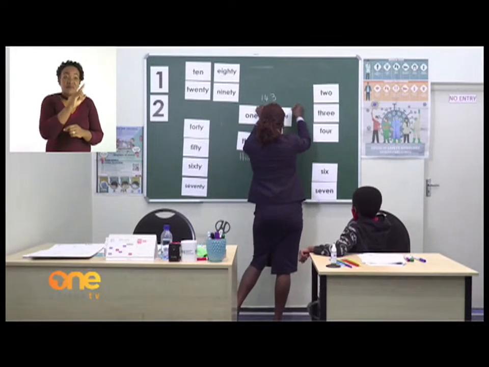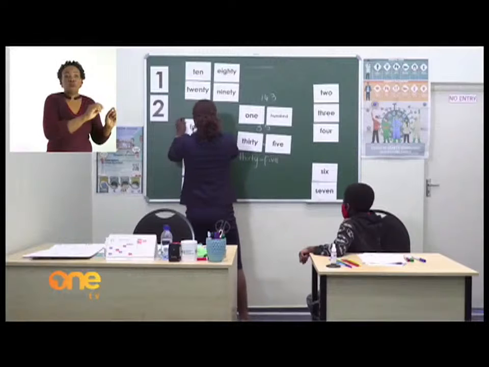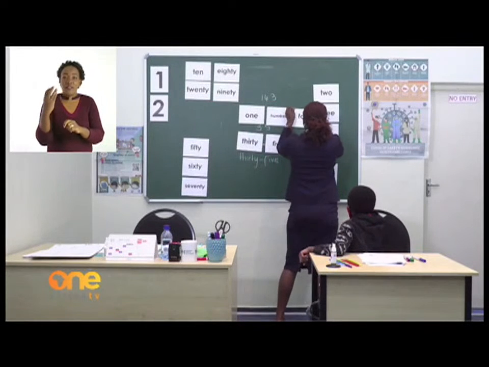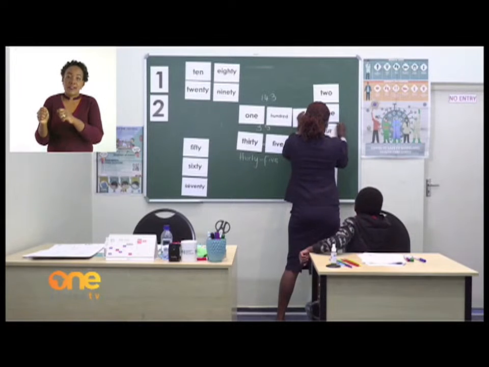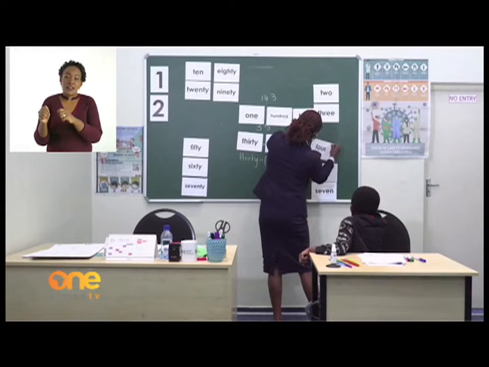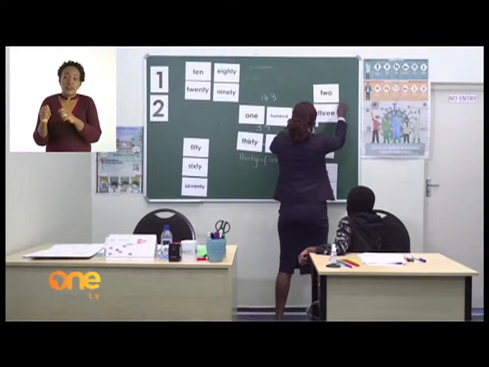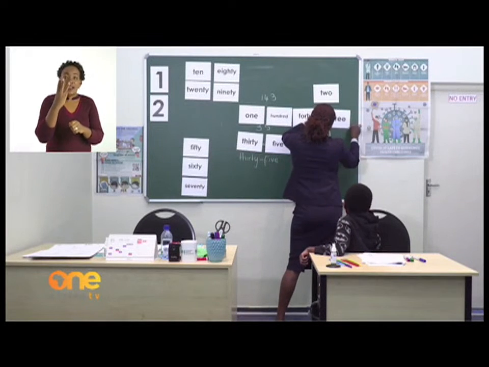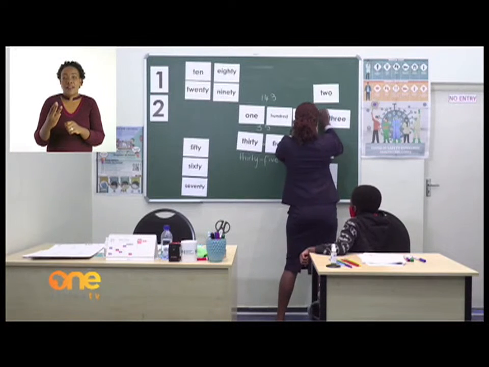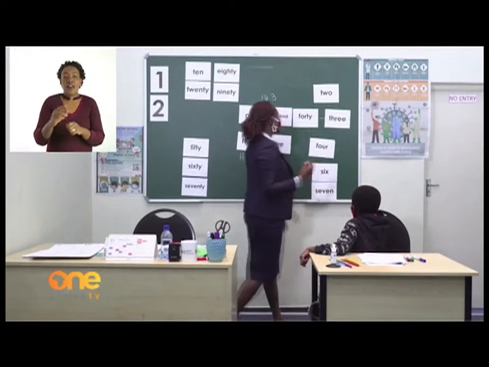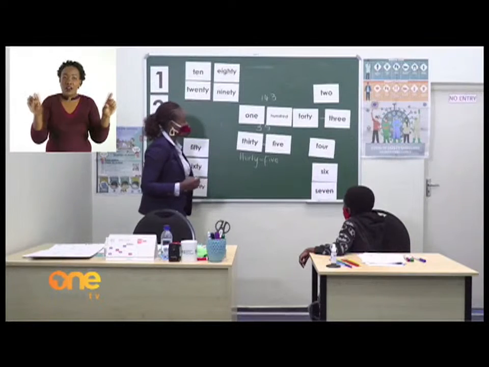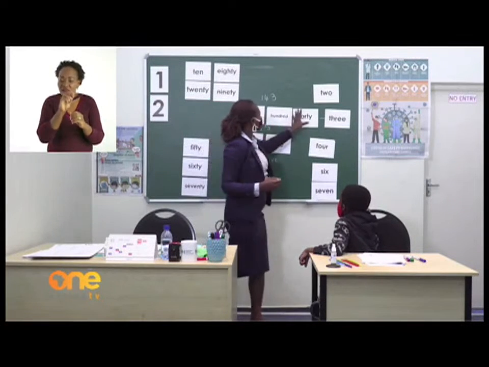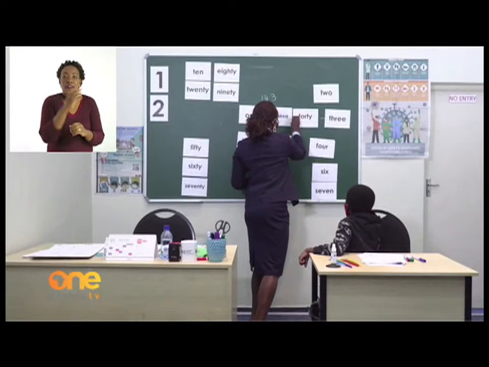I'll put it here. Then I'll take my 40 and I'll put it here. Then I'll take my 3. So this will be your number. And don't forget to put the line. So this is 143. You put end.